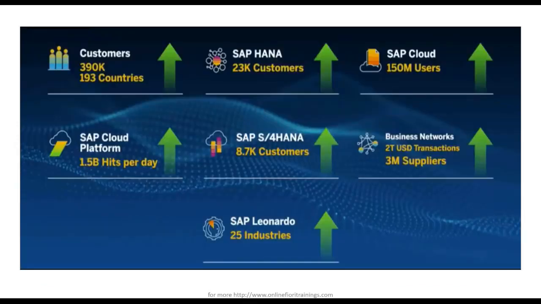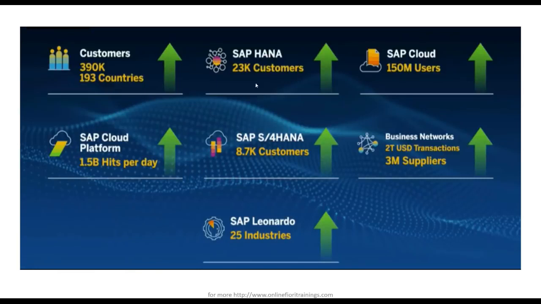So just a quick data, what is the motivation behind learning ABAP on HANA and S4 HANA? Very important for all of us to understand the motivation, which trend industry is going towards. You can already see SAP being the largest enterprise software company in the world, 390K plus customers, 193 countries they are serving.